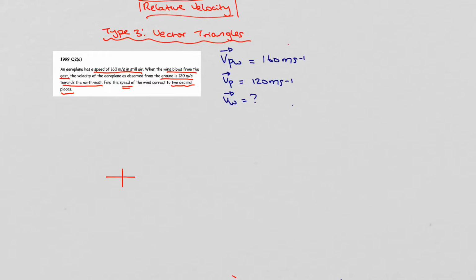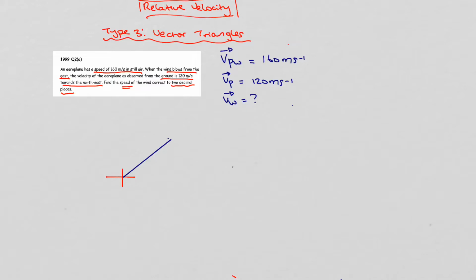Okay, so we always want to start with our little mariner's compass to give us our direction for north, south, east and west. And I'm going to start with the velocity of the plane because we're told the velocity of the plane as observed from the ground is heading towards the northeast with the speed of 120 meters per second. So northeast is a very easy one to do because obviously northeast implies 45 degrees.